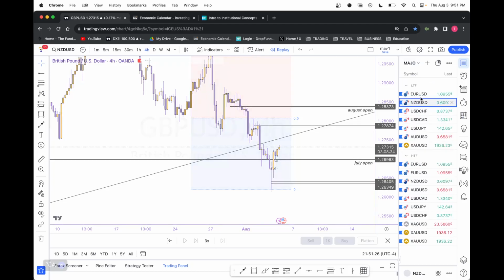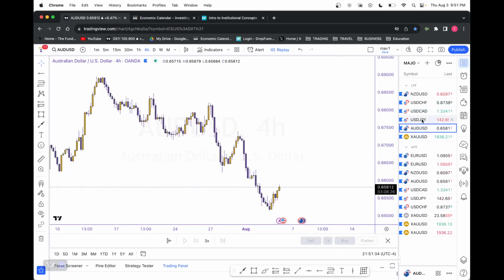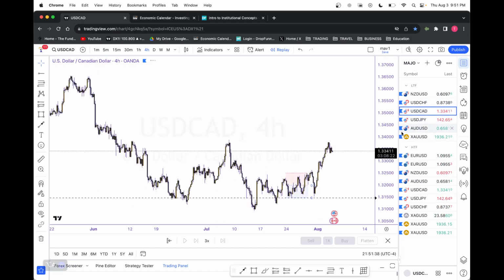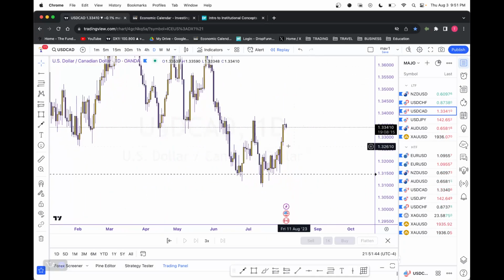Let me put my Euro USD chart over there on the watch list. And I was also had my eye looking at U Chef. UCAD is also a good one to pay attention to as well, because UCAD done traded up above the highs.